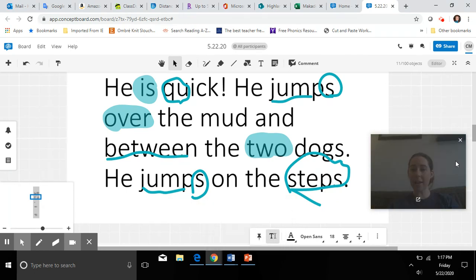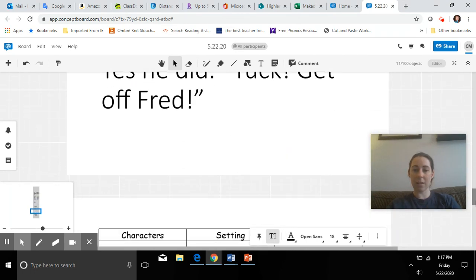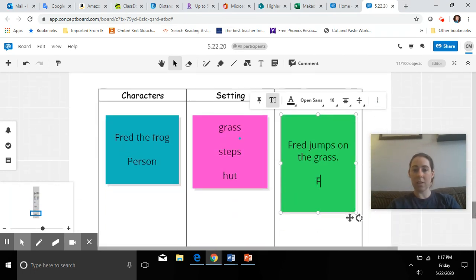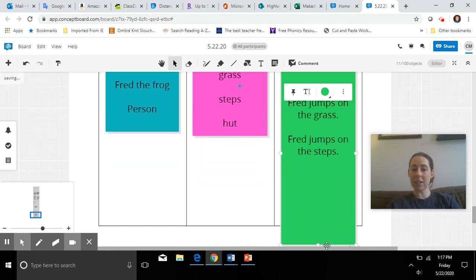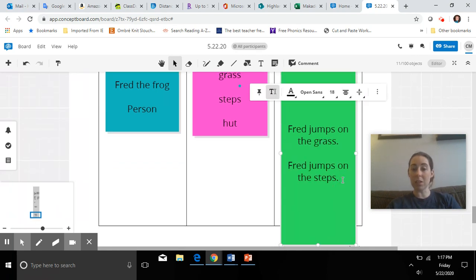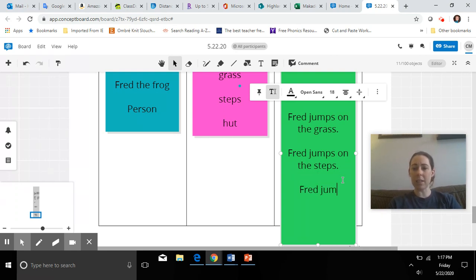Let me go back. Fred jumps on the steps. Do you remember where he went next? The person in the story was looking for him. I'm going to start my sentence the same way, Fred jumps.